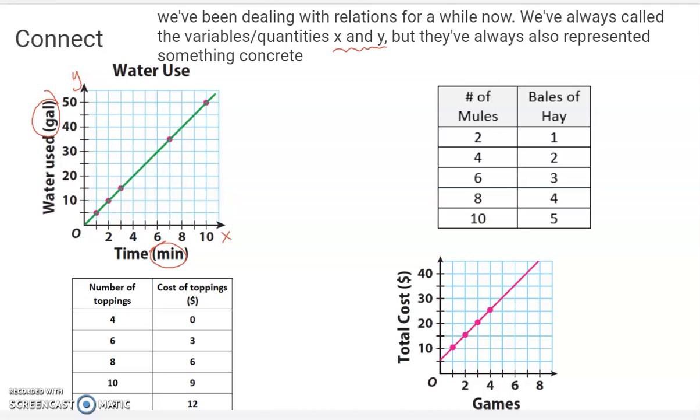Or here, we've called number of toppings x and the cost of the toppings y. Or they've been mules and bales of hay. We've always had x and y represent something concrete, like water or mules or costs.